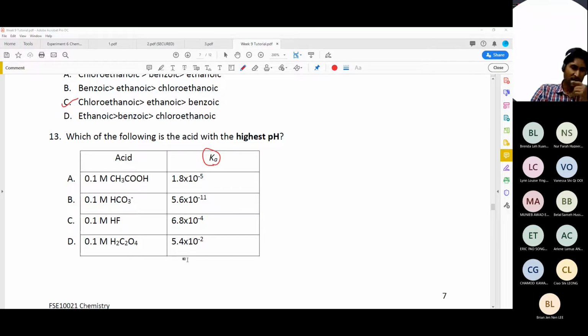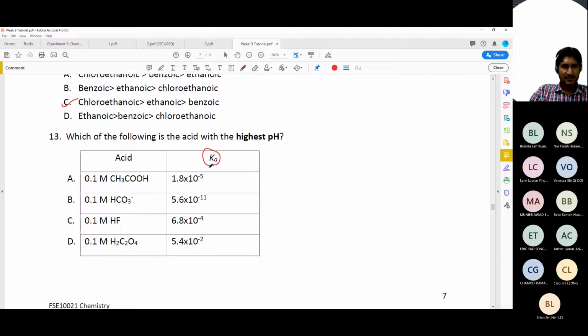And since the hydrogen ion is higher, it will give us the lowest pH. The more the hydrogen ion, the lower the pH. So the lowest Ka is the weakest acid and the highest pH, right?